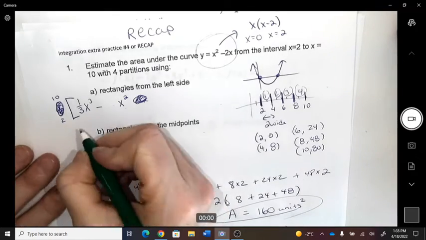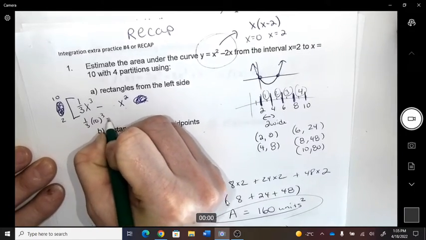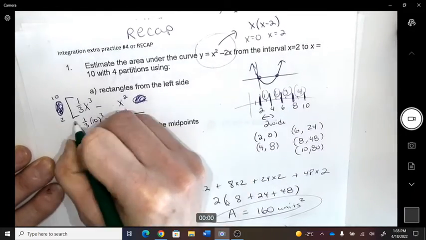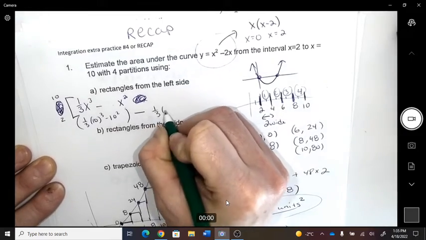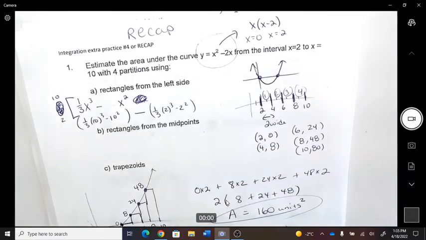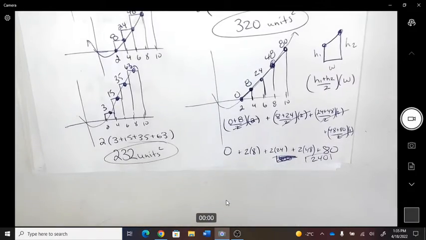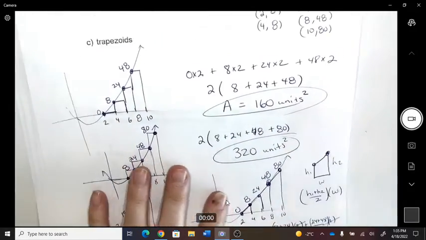Okay, so I'm going to plug a 10 in. Plug a 2 in. Okay, how close are we going to get? My guess is like one of these last ones was probably closer to 30, to 40, something like that.